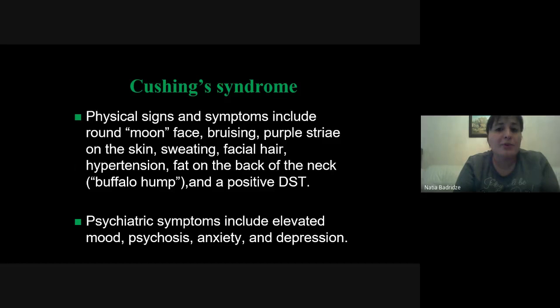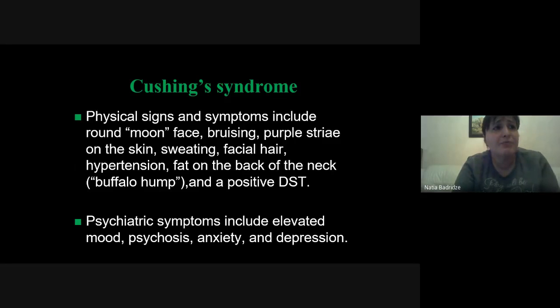Also bruising, purple striae on the skin, sweating, facial hair, hypertension, and another specific sign of Cushing syndrome is fat on the back of the neck, or buffalo hump. And the dexamethasone test is positive in Cushing syndrome also.